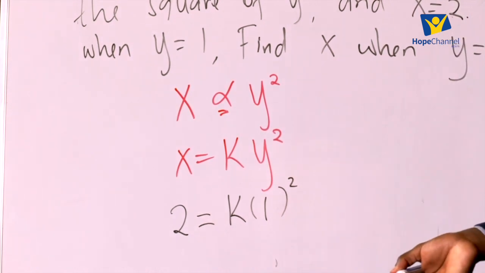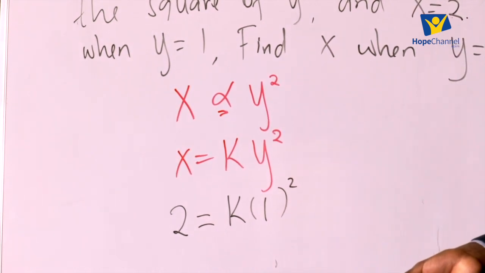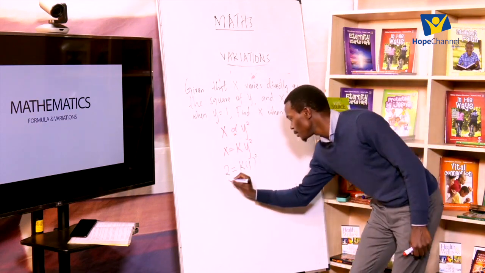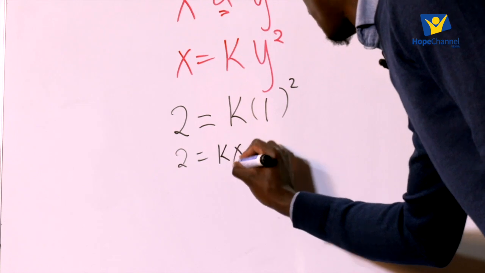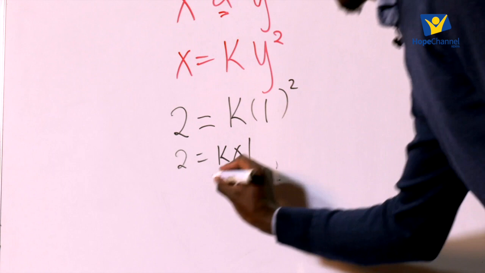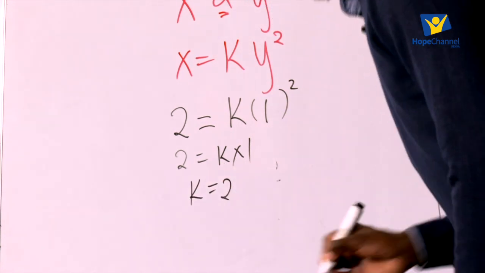We are required to find the value of k. 1 squared is 1, so 2 is equal to k multiplied by 1. When you divide by 1 on both sides, you simply have k as 2.